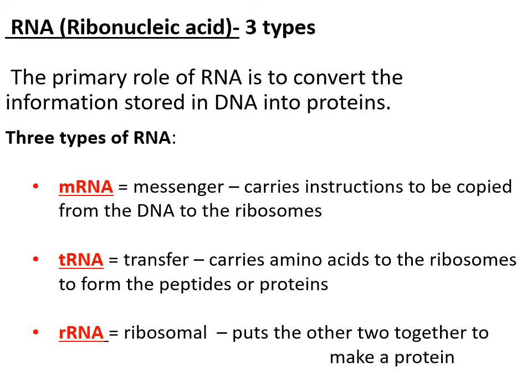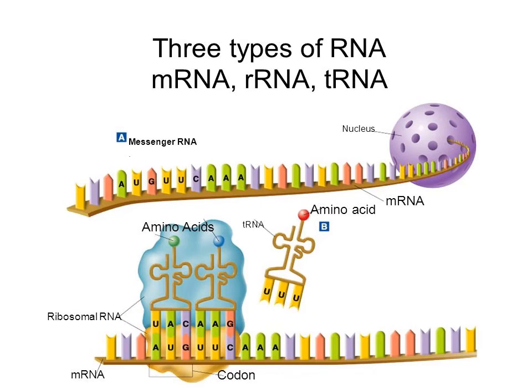Lastly, there's ribosomal RNA. The ribosomes actually have RNA within them. We're not going to go into the detail of exactly what ribosomal RNA is, but we'll see in the upcoming image how the three of them interact with each other. So let's start at the top right where you see the nucleus.